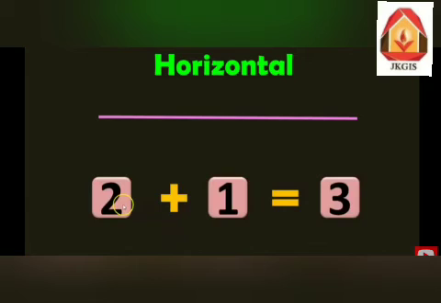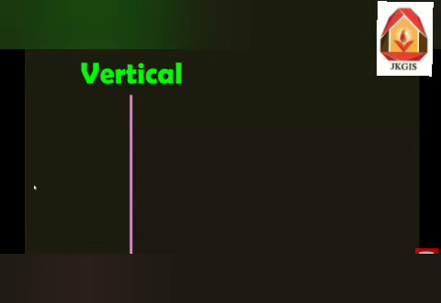For example, 2 plus 1. Here we will put the addition sign in between two numbers and the answer is written after the equal to. So as you can see, 2 plus 1 is equal to 3 and it is added in a horizontal way.